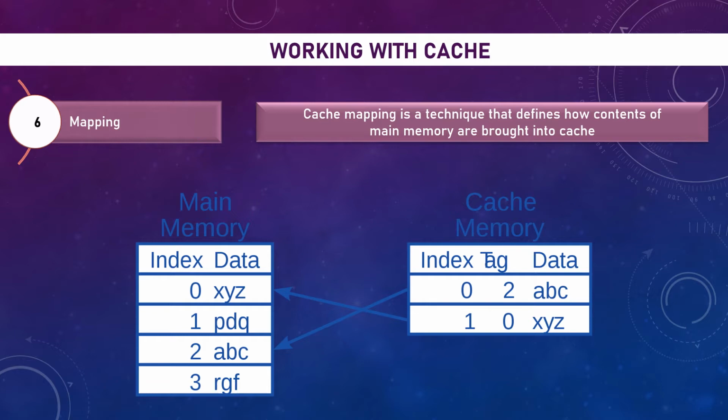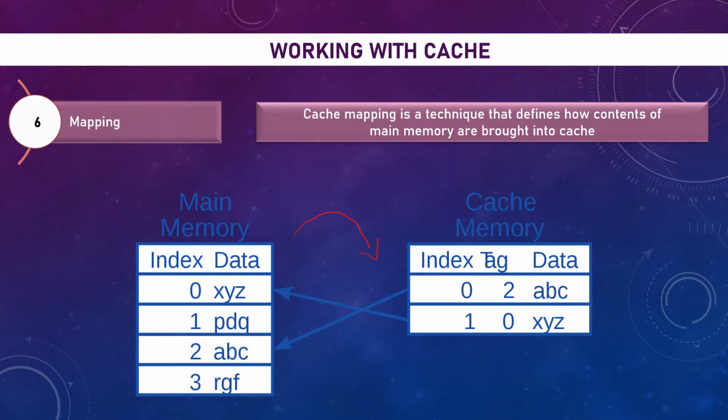We know that cache mapping is a technique that defines how contents of the main memory are brought into the cache, right? The cache is comparatively smaller in size than the main memory. When the processor works, the data remains in the cache memory, so first we need to bring the data from main memory to the cache.